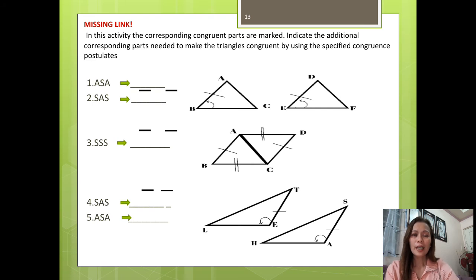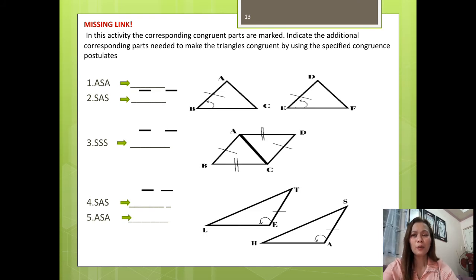There is a congruent angle, and a congruent side. Using the identical mark, we're going to find the missing congruent parts to complete ASA. What do you think is the missing congruent part?